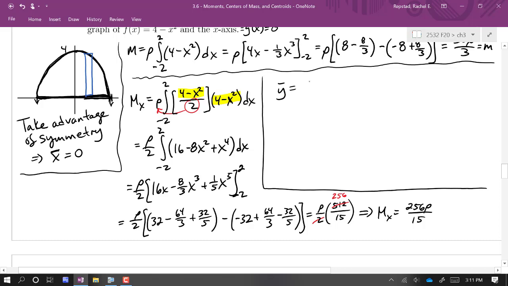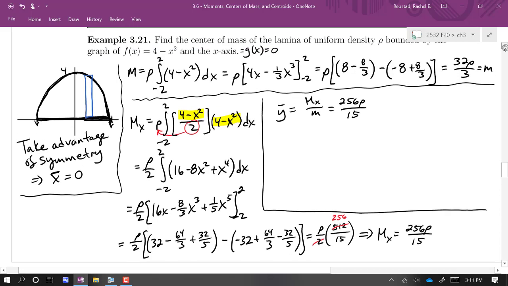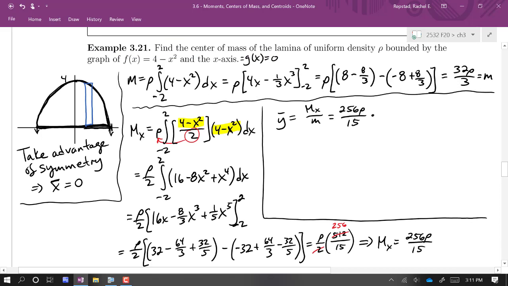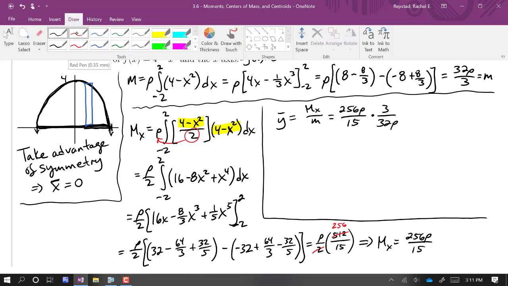So y bar is mx over m, and that's 256 rho over 15. We're dividing by the mass, 32 rho over 3, so that means we're going to multiply by 3 over 32 rho. Notice that the rhos cancel.